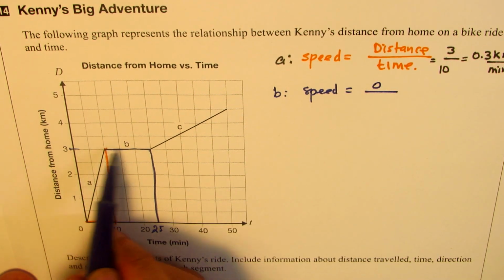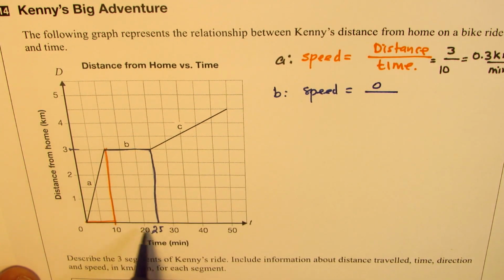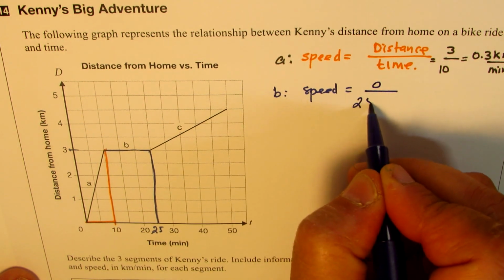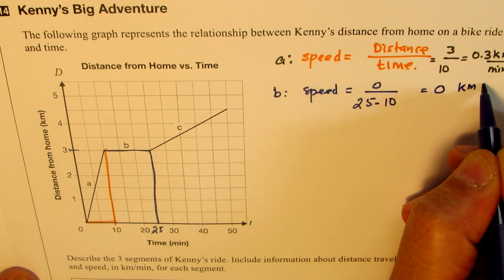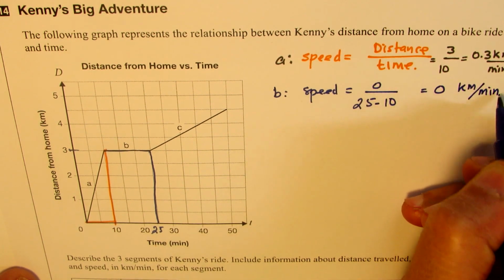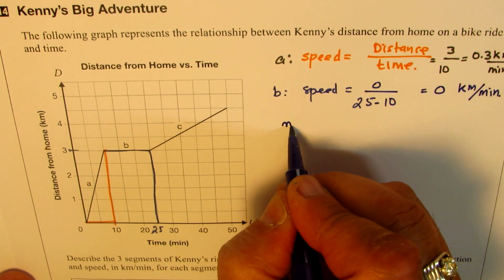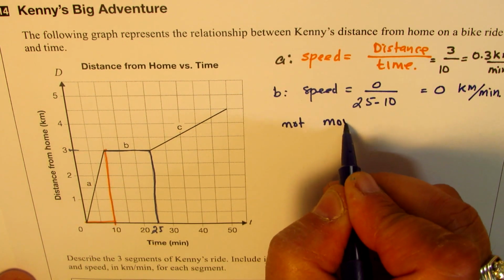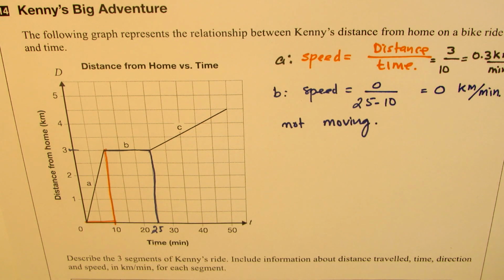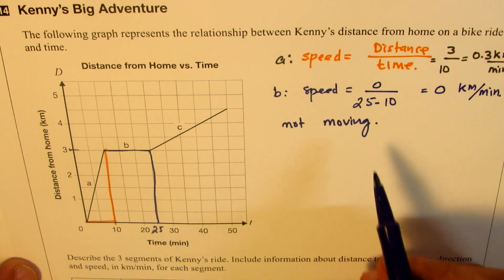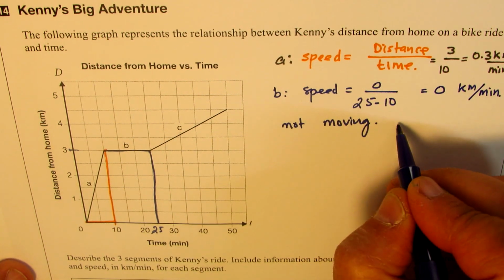Since it is only at 3 minus 3, however, the time is 25 minus 10, but speed is 0 kilometers per minute. That means not moving. So it is stationary, right? Stand still. So taking rest. That is how you could describe this particular portion, right? Not moving or resting.